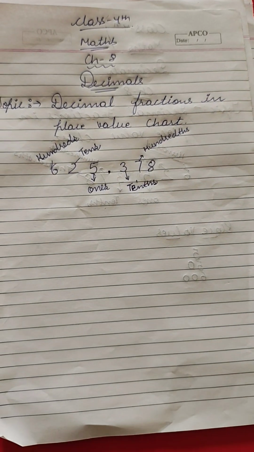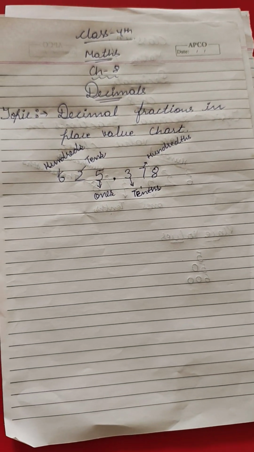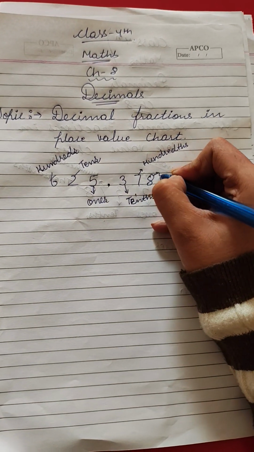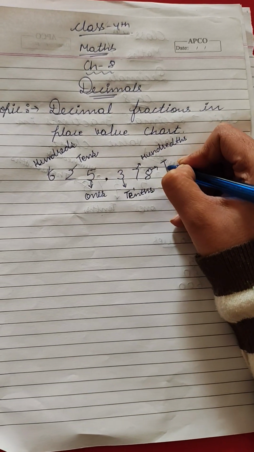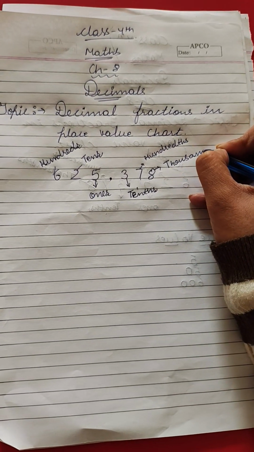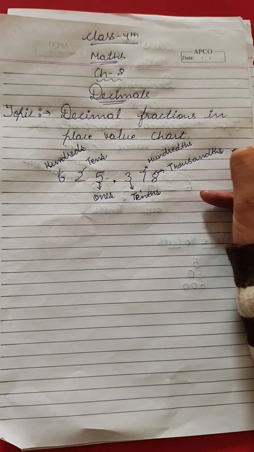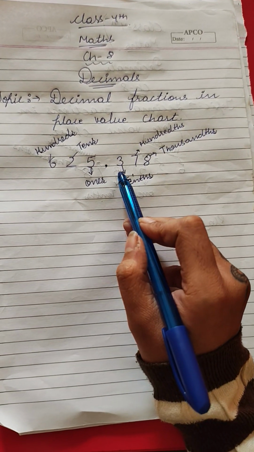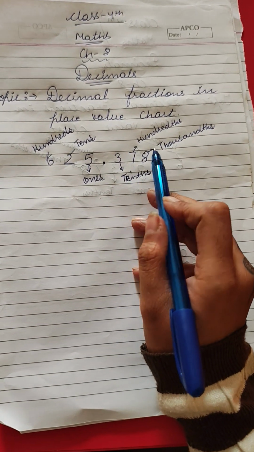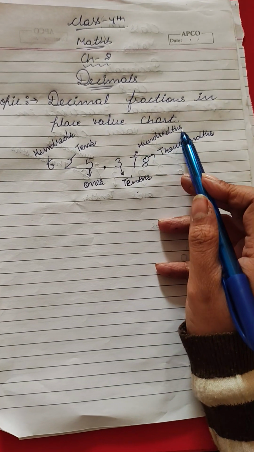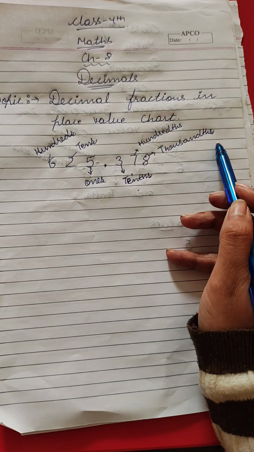It's not hundred, it's hundredths place. Now 8 is on the thousandths place. These are the places of the digits that come after the decimal: 3 is on tenths place, 7 is on hundredths place, and 8 is on thousandths place.